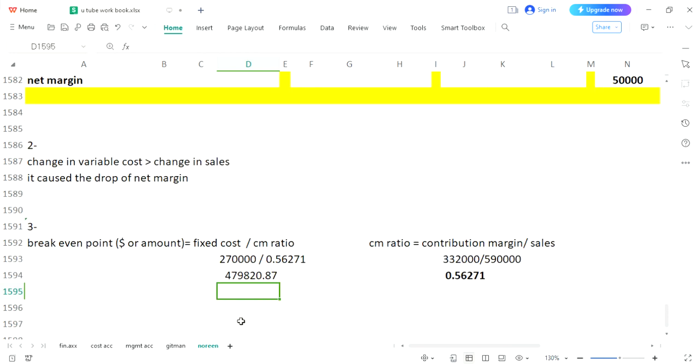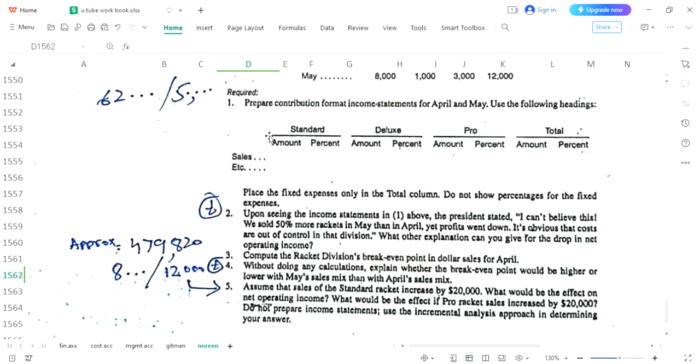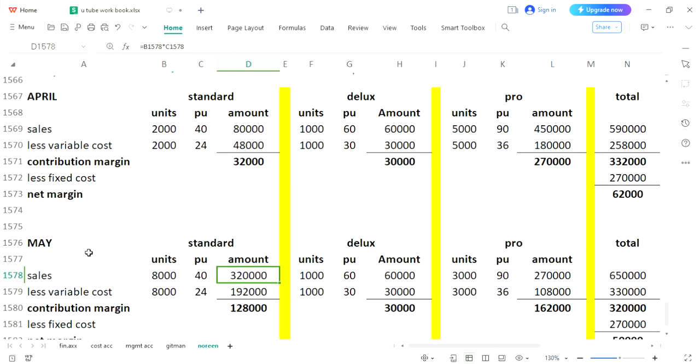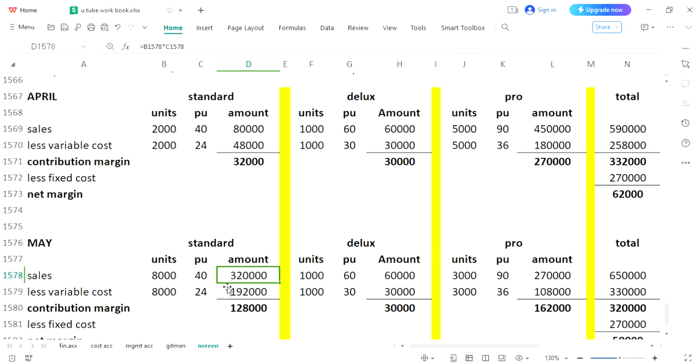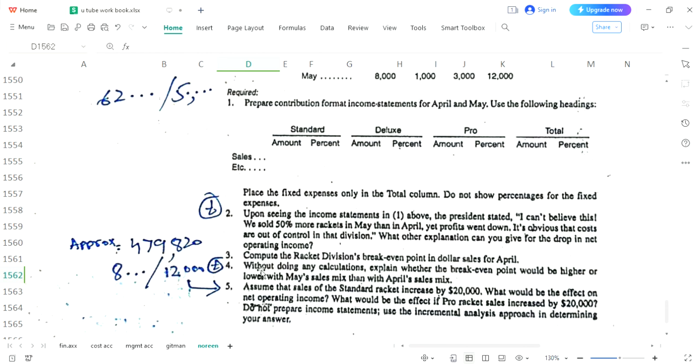Why is approximate written over here? Because there is some decimal amount as well. So number 3 has also been completed. We have calculated the break even point. Number 3 is completed. Number 4.